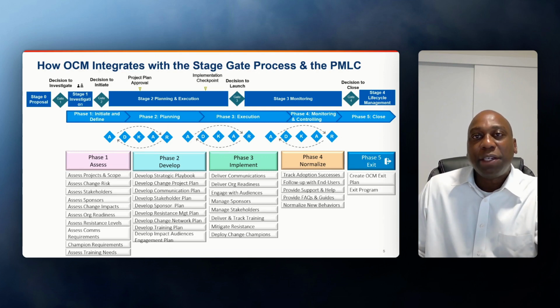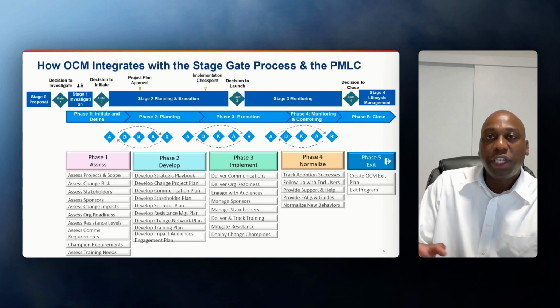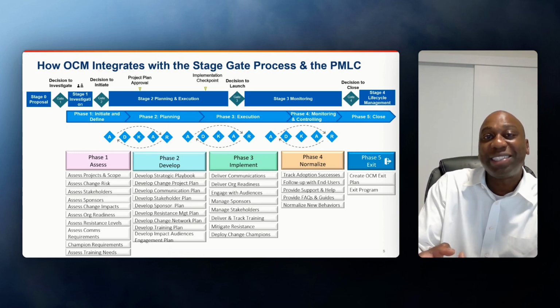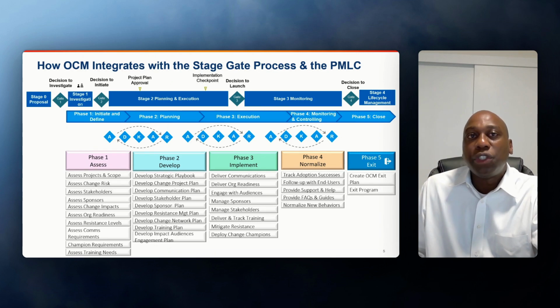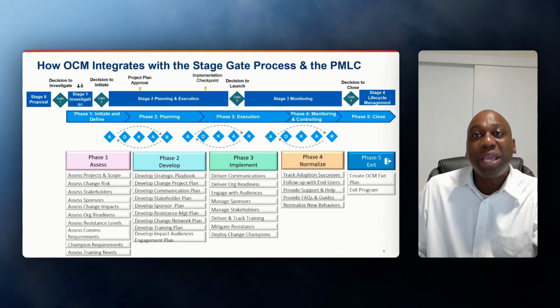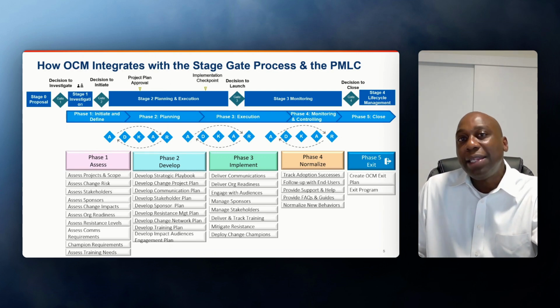Involving change management early on becomes a situation where change management becomes your strategic partner. We, change managers, we help shape how people engage with the stage gate process, how people understand the change, and how ready they are to move forward.